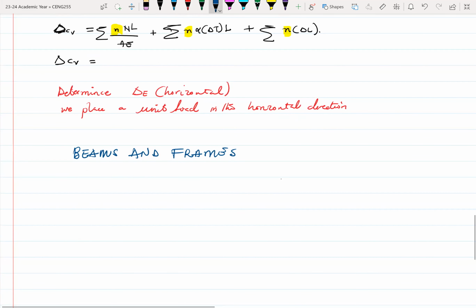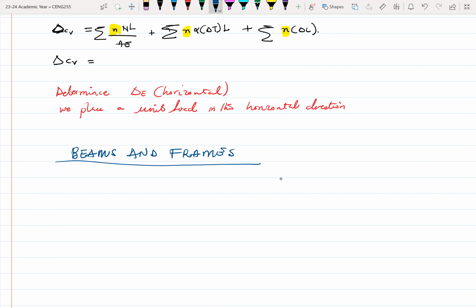Since last week we've been saying that the external work done is equal to the internal work done, or it's equal to the strain energy, right? We've explained that anytime you apply some external forces or loads to the system, there's some work being done because definitely there's going to be that rotation or displacement or some deflections, which means that work has to be done, right?